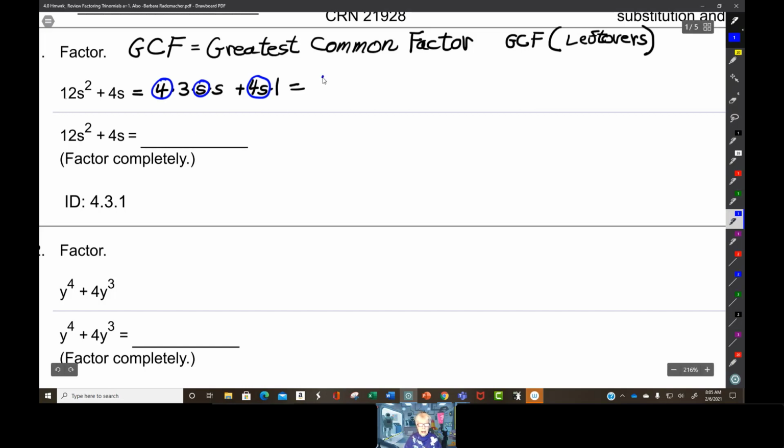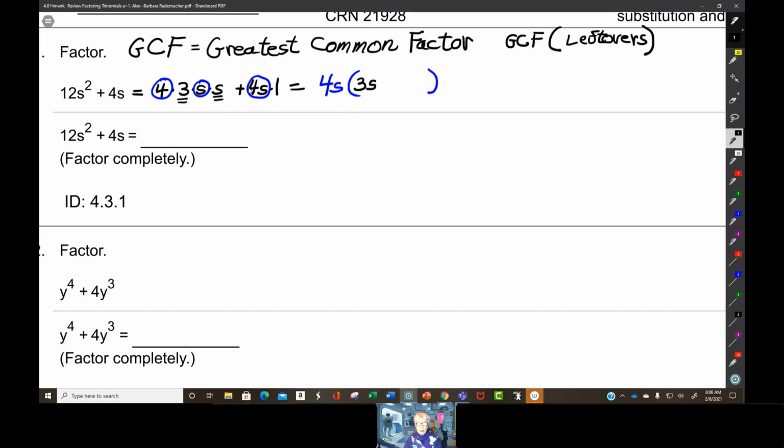So I'm going to write down 4S and then parentheses. What's left in the first term? There's a 3 left and an S. So the leftovers of the first term are 3S.